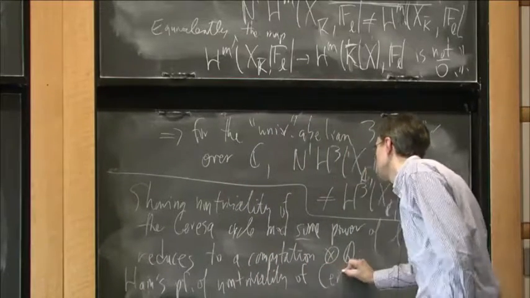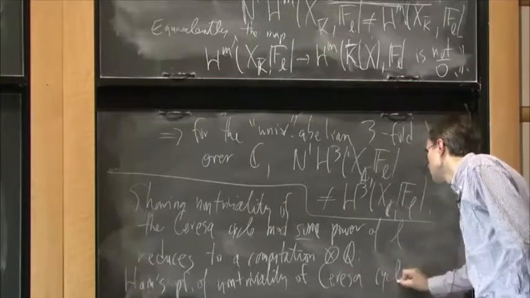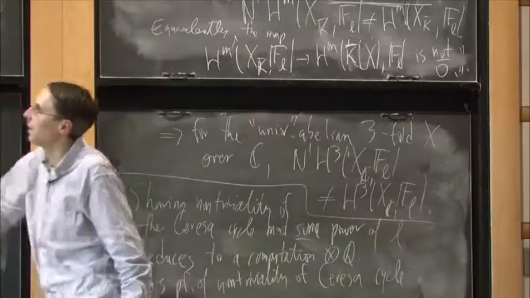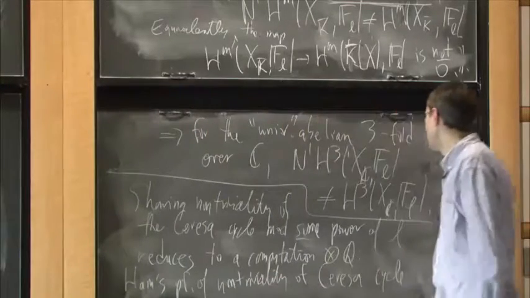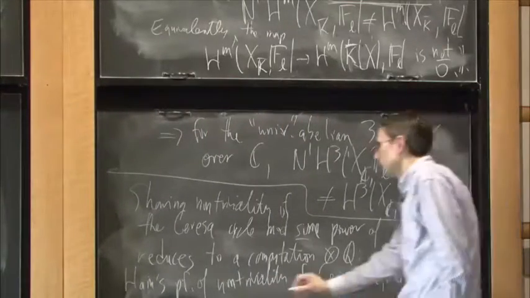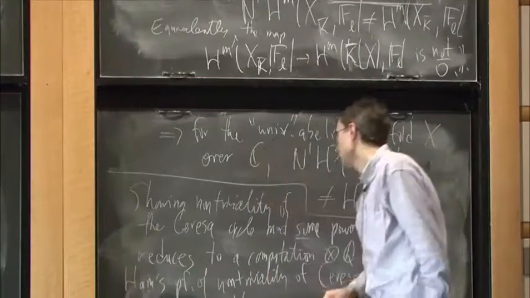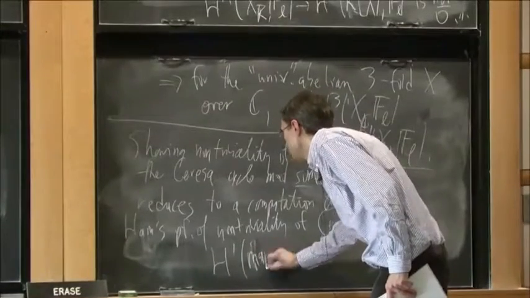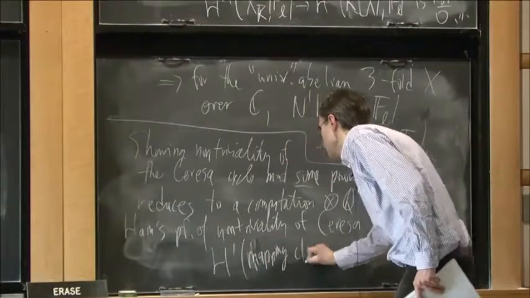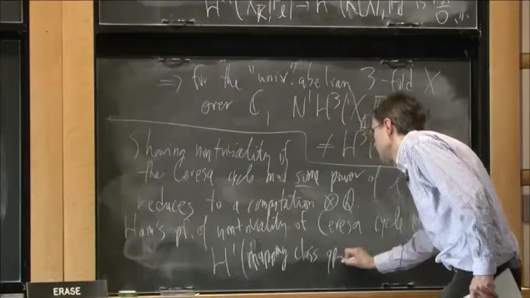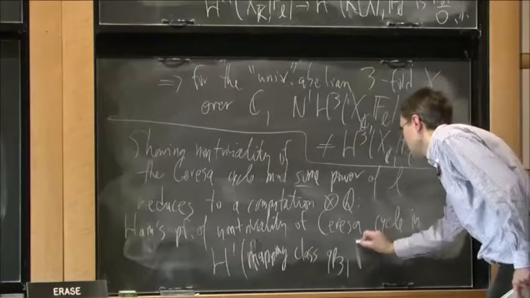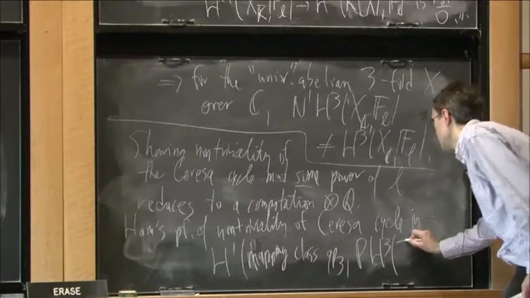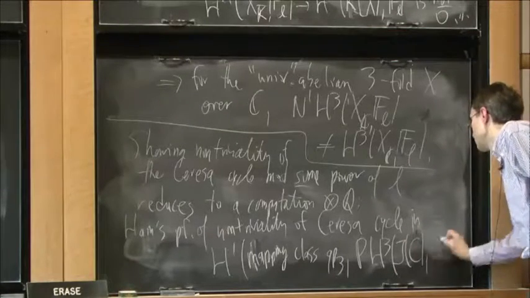So it really just reduces to a geometric statement over C. For some steps of the argument, you're contemplating reducing to characteristic L, but for this step, you argue that the Ceresa cycle gives you a non-zero class in H0 of the mapping class group of genus 3 with coefficients in the primitive part of H3 of the Jacobian of the universal curve, so to speak.